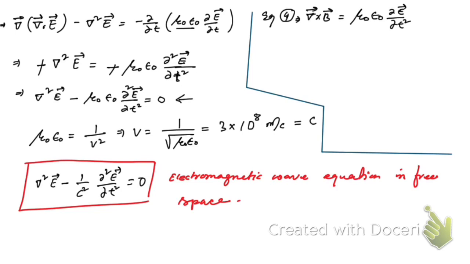So again, if you take curl on both sides, curl of curl of B and mu naught epsilon naught del by del T of curl of E, right? That's how we can write.